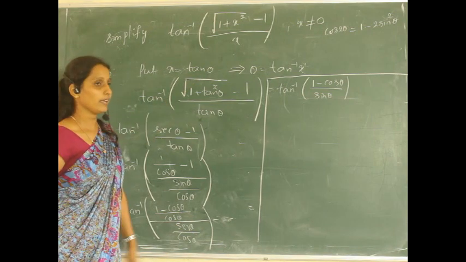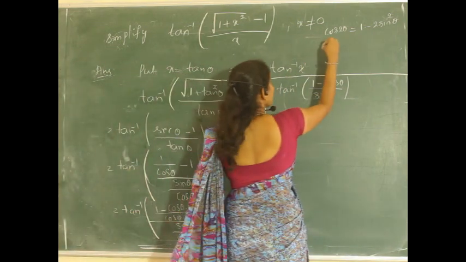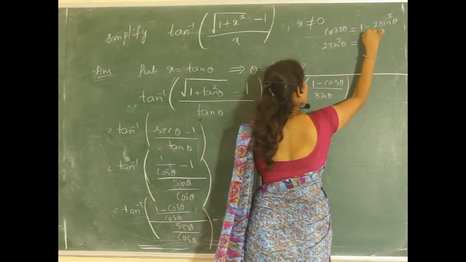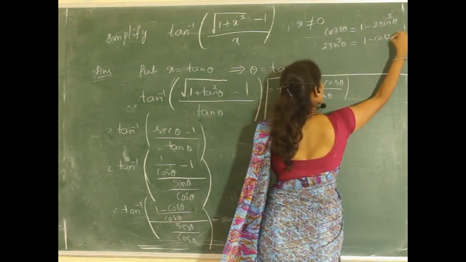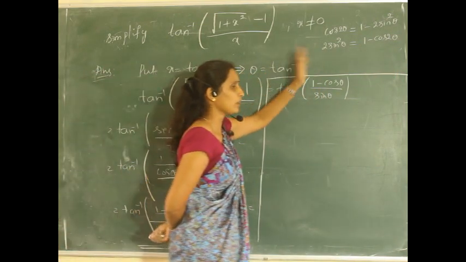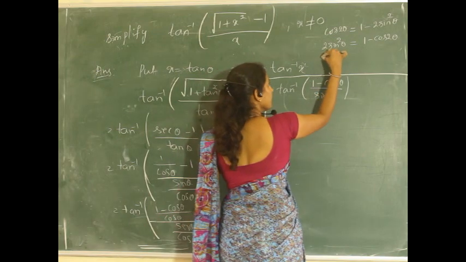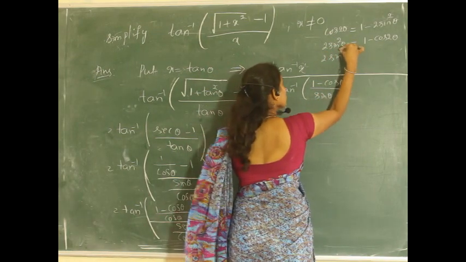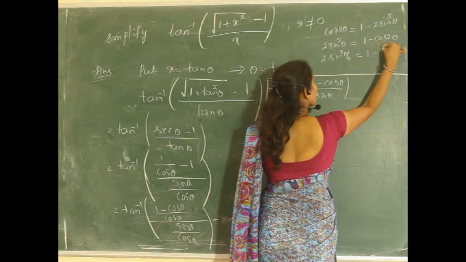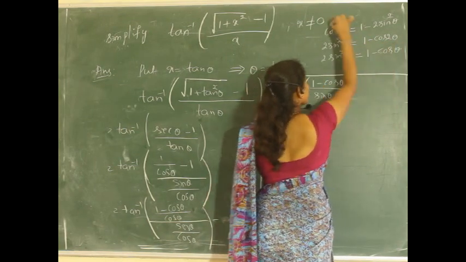So when we rearrange, we are getting 2 sin square theta is equal to 1 minus cos 2 theta. So if it is half angle, 2 sin square theta by 2 is equal to 1 minus cos theta.